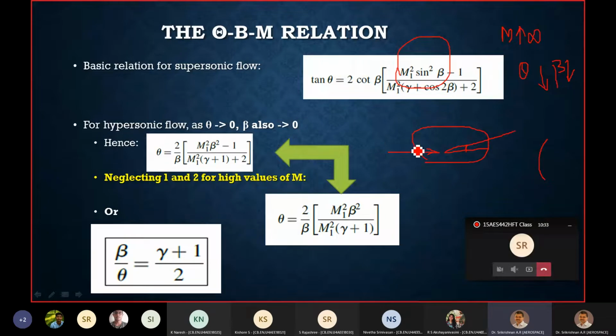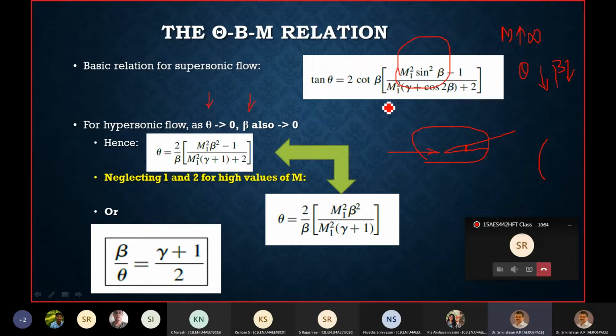And as long as we are focusing on small deflection angles, we can also say that beta tends to 0. That is, when theta reduces, beta also reduces. I guess we have reviewed that from the theta-beta graph last class.